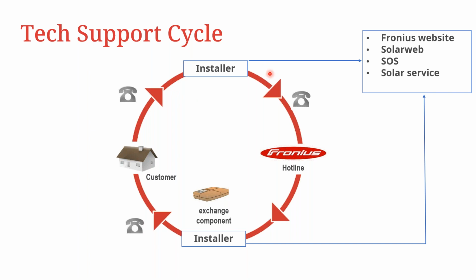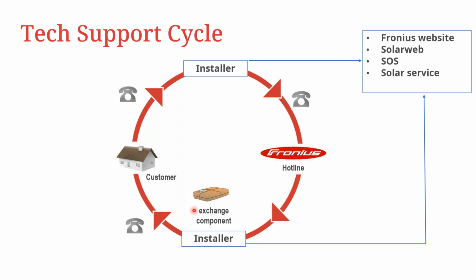However, if you still have some areas that are not clear, you also have access to the Fronius tech support unit in Austria. So there is a hotline that is provided, as well as an email address that you can reach the Fronius tech support unit on. So therefore, this cycle of ensuring that the installed system is always up and running is triggered by either the customer, who is the end user, or it can come from the installer who gets in touch with Fronius tech support.